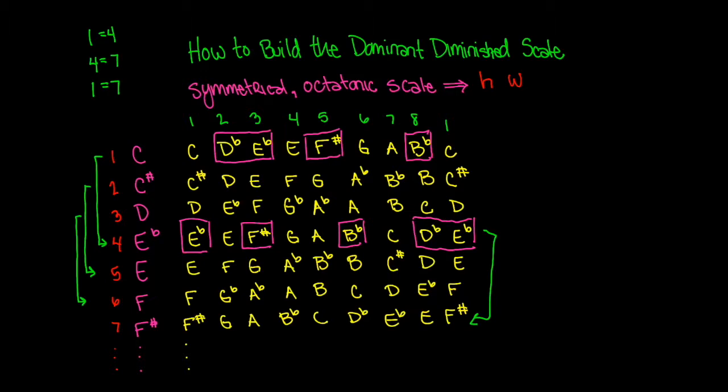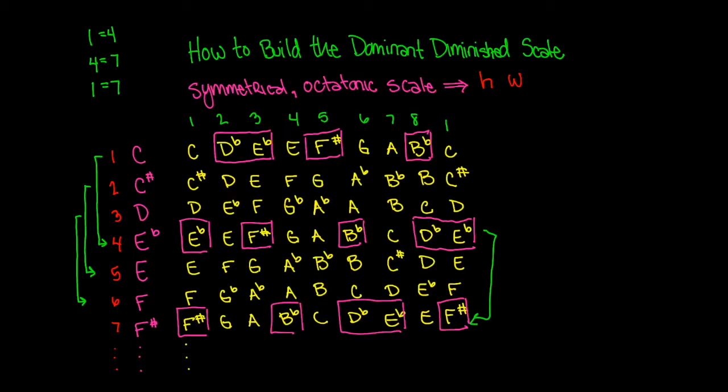Let's circle some of the notes again: F sharp, B flat, D flat, E flat, and there's our F sharp. So we start to notice this repetition of patterns in the scale.